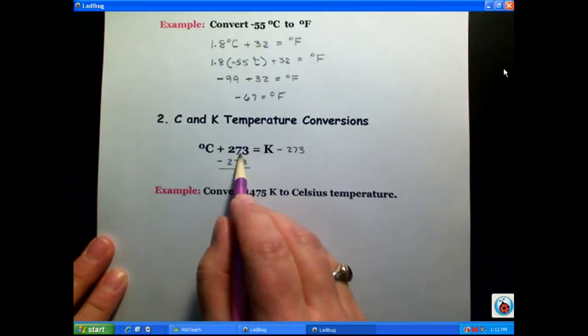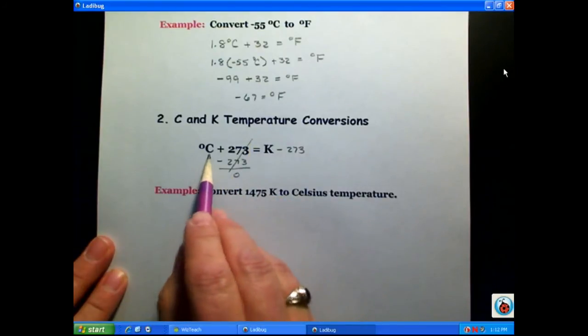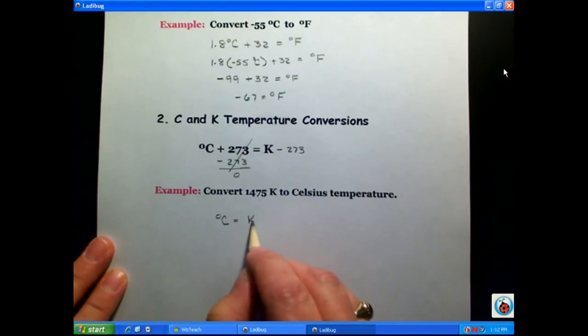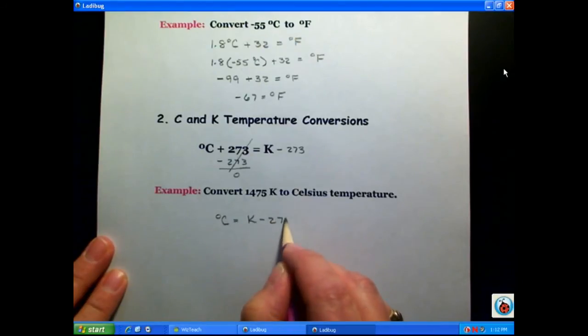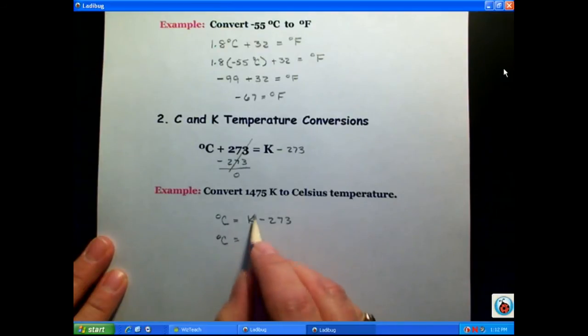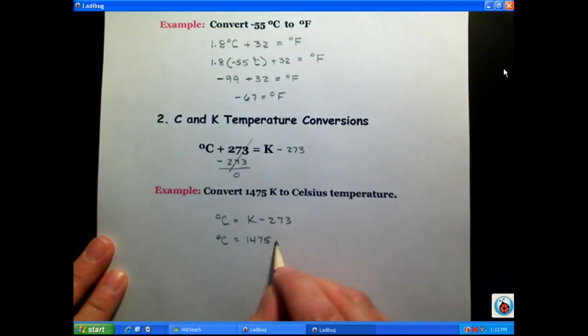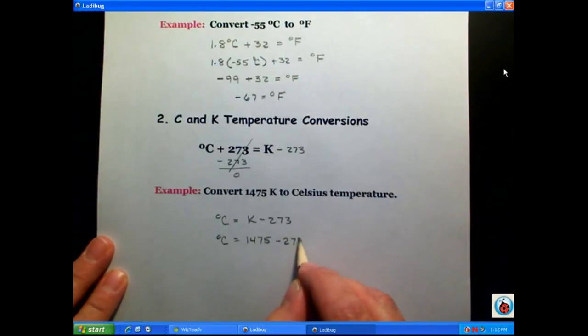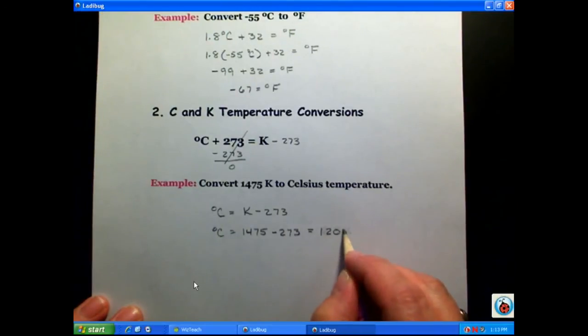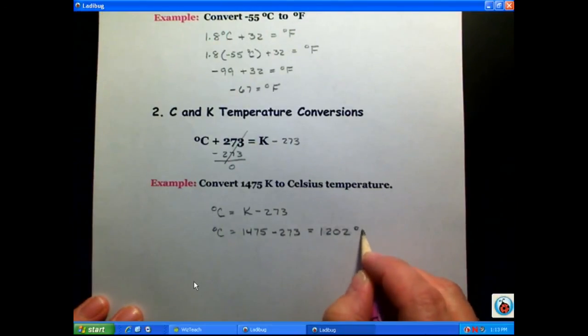So our new formula, these will cancel out, and our new formula will be degrees Celsius is equal to K minus 273. So for this one, our K was 1475 minus 273, and that will give you 1202 degrees Celsius.